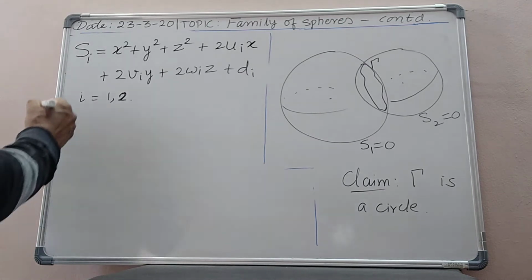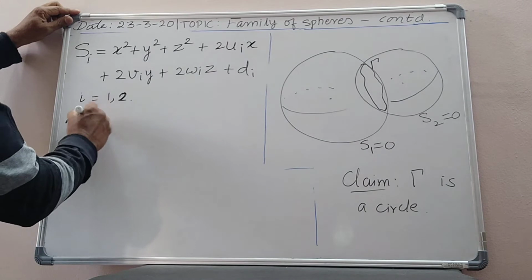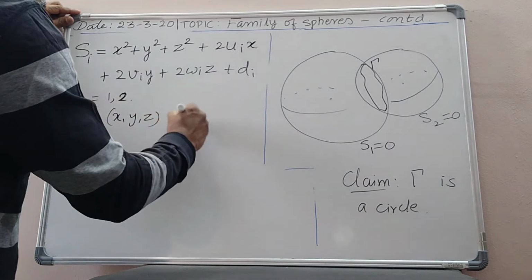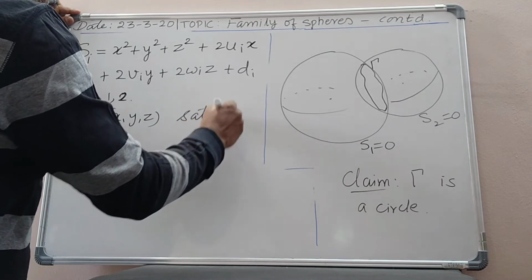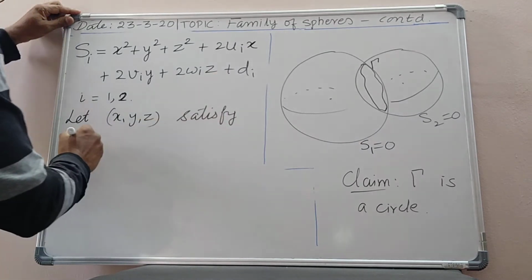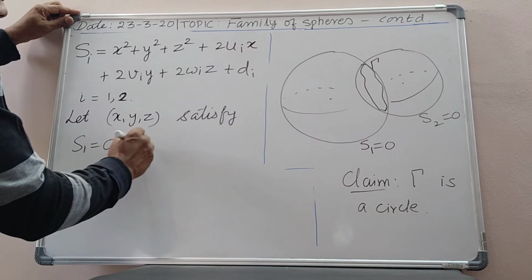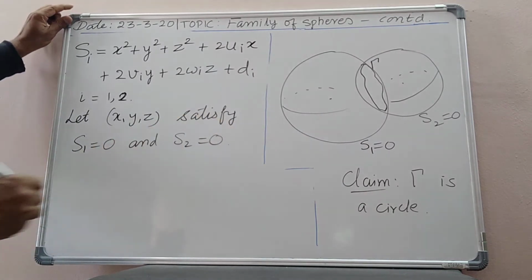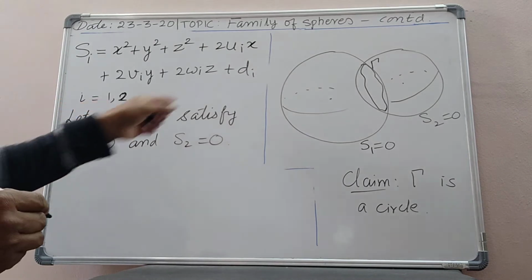Now let x, y, z satisfy S1 equal to 0 and S2 equal to 0. So in other words, I am choosing a point on gamma.